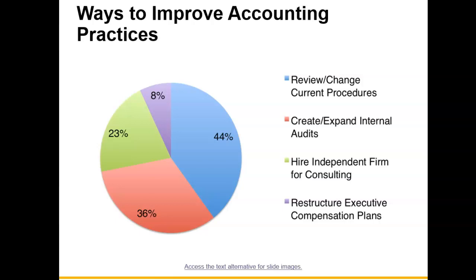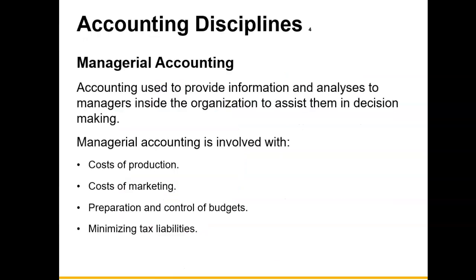But an internal audit is one where the company audits themselves to make sure that things are being done correctly in-house. And we feel that if they do more internal audits and those internal audits are being done correctly, then those firms will be doing things that will cut back on fraud.